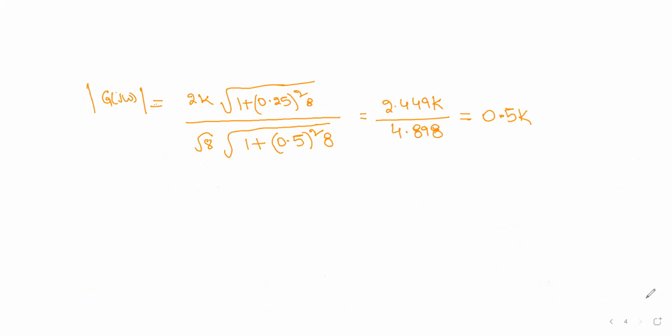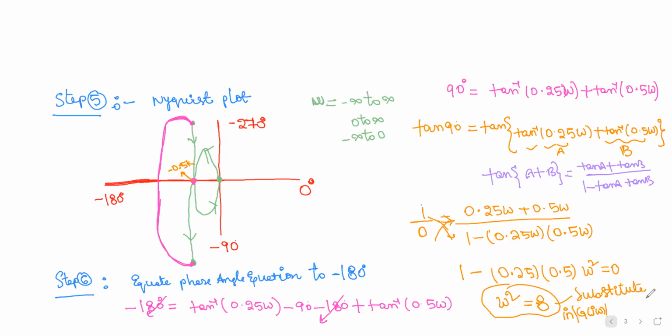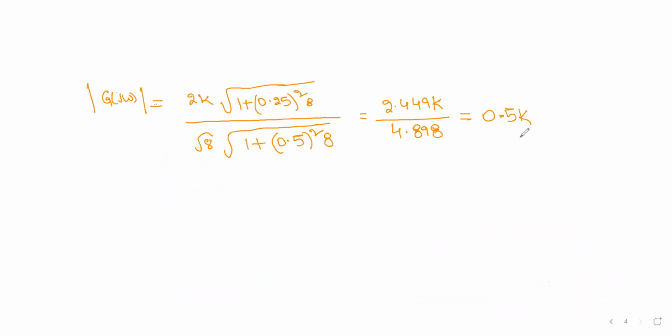So let us assume the given system is stable. If the system is stable, what is the range of K? What is the value of K? If the given system G of S is stable, what does it need to satisfy?